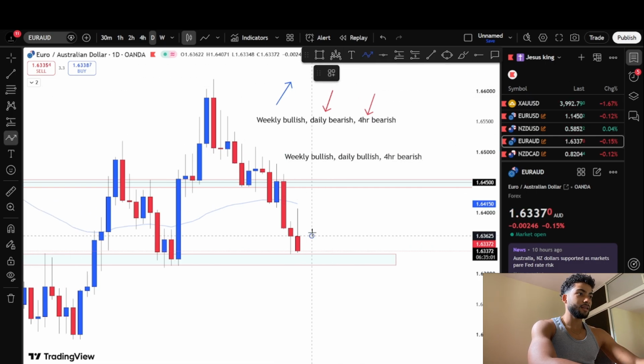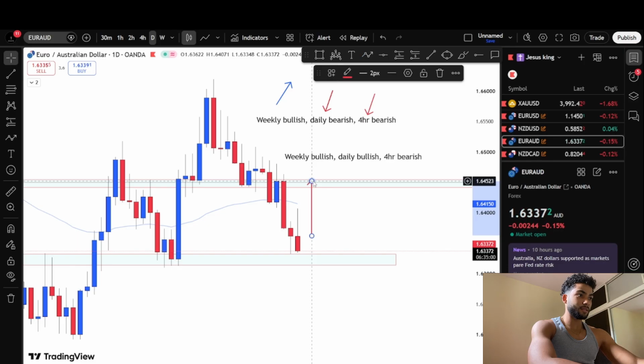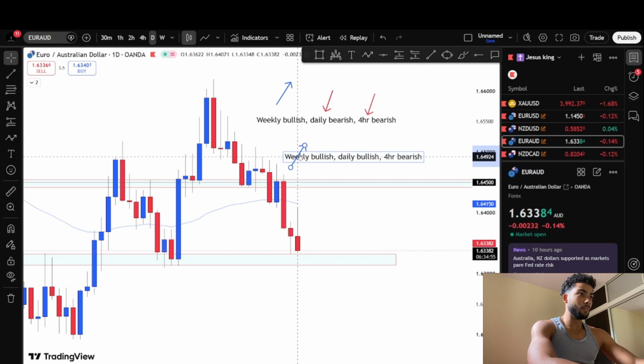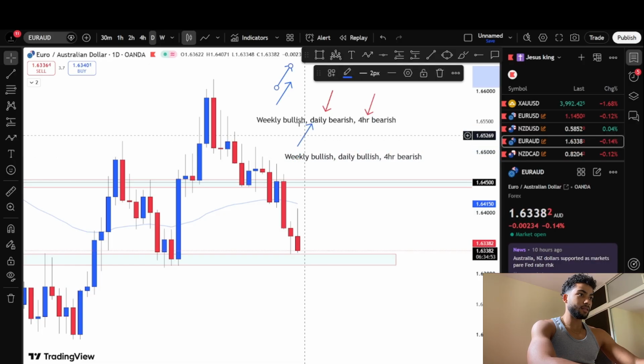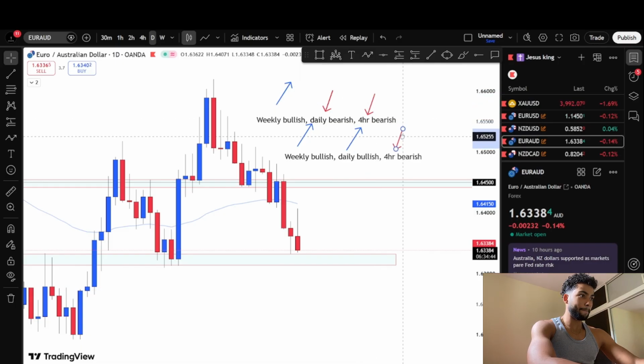Here I have the weekly bullish, and I have the daily bullish as well, and I have the 4 hour bearish.